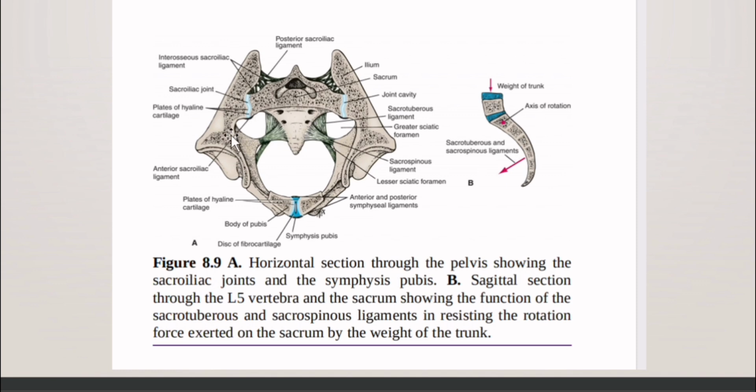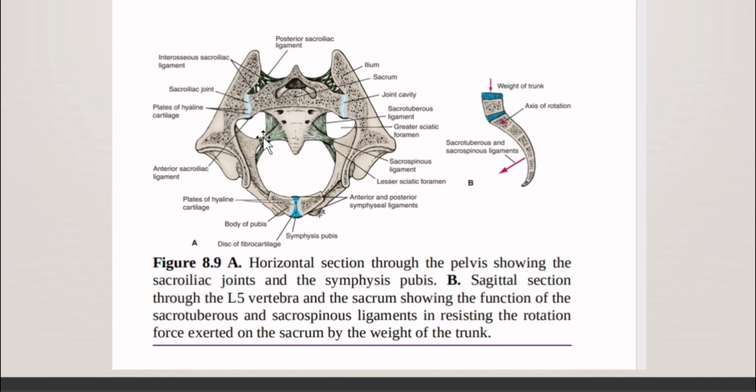Then we talked about the fact that the joint between the hip bones anteriorly is called the symphysis pubis, and it is a secondary cartilaginous joint, and the joint between the hip bones posteriorly is the sacroiliac joint, and it's a compound synovial joint.